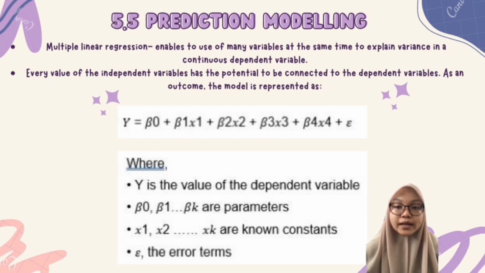As the outcome, the model is represented as y = β0 + β1x1 + β2x2 + β3x3 + β4x4 + ε, where y is the value of the dependent variable, β0, β1, βk are parameters, x1, x2, xk are non-constant, and ε is the error term.